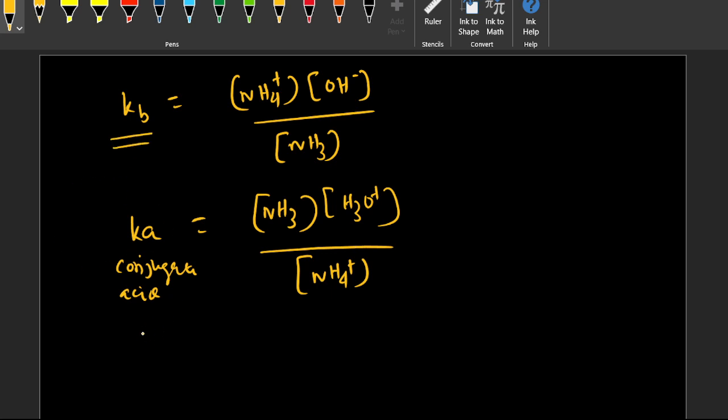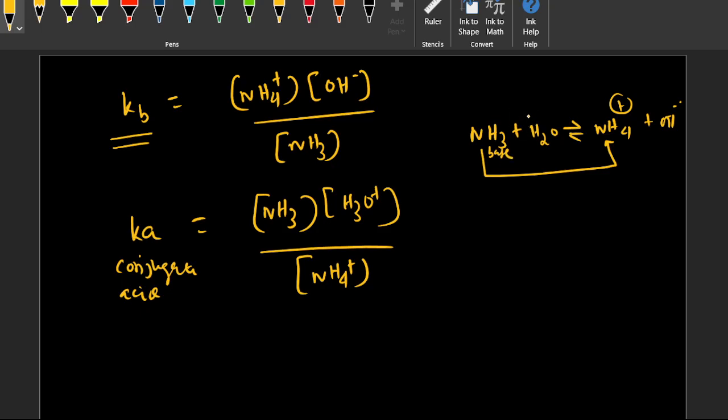This is the reaction. From here to here, this is the base, and this is the acid.